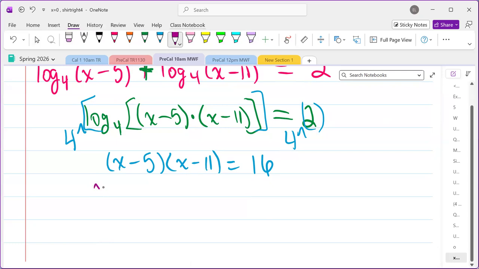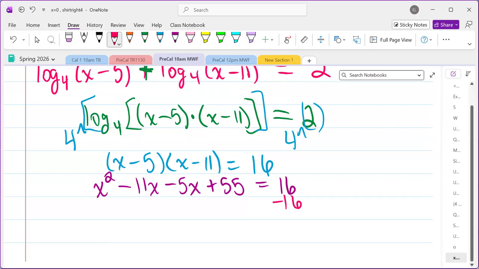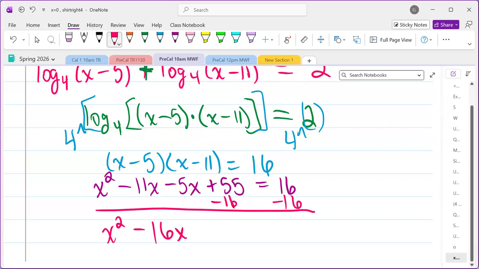So we're going to have x squared minus 11x minus 5x plus 55 is equal to 16. So I have x squared minus 11 and minus 5 is minus 16x. And then 55 minus 16 gives us plus 39.